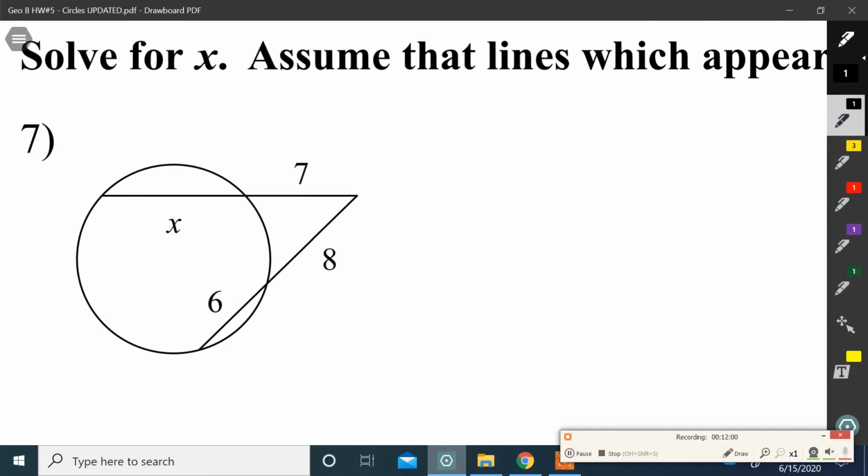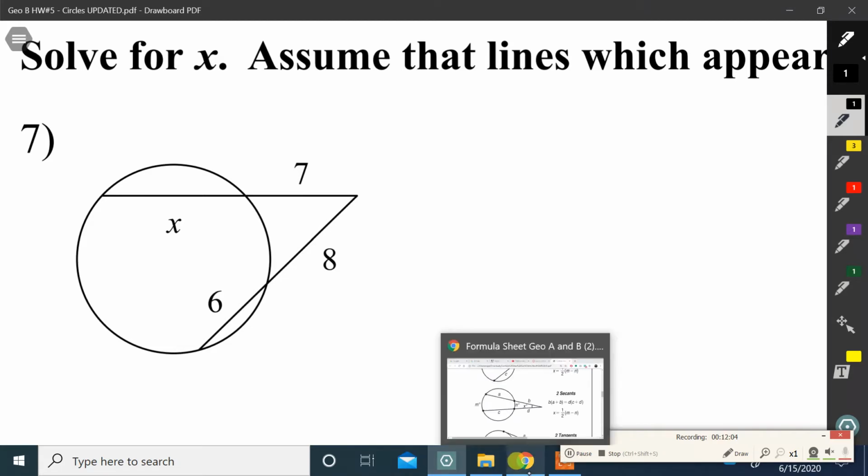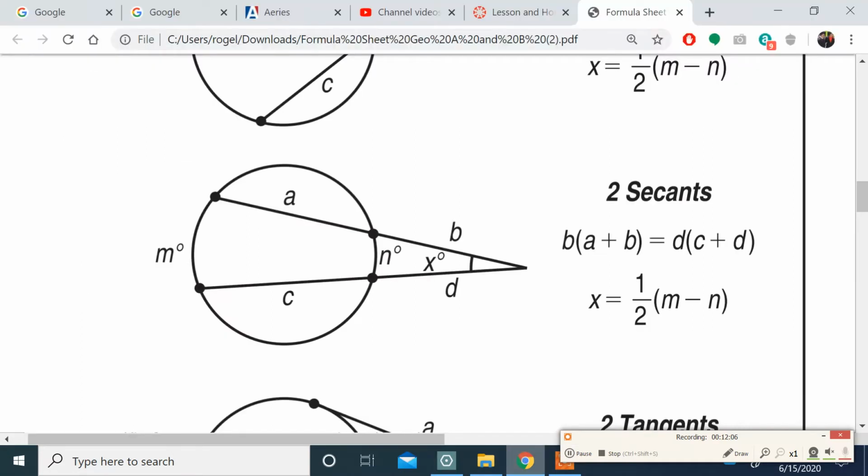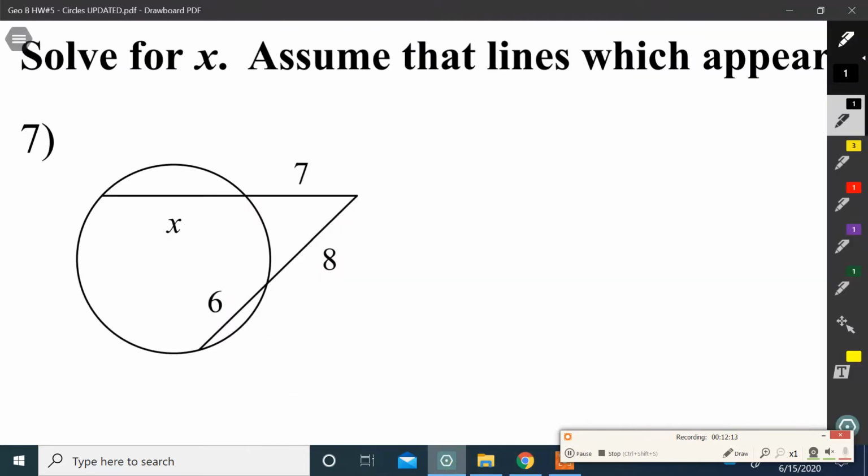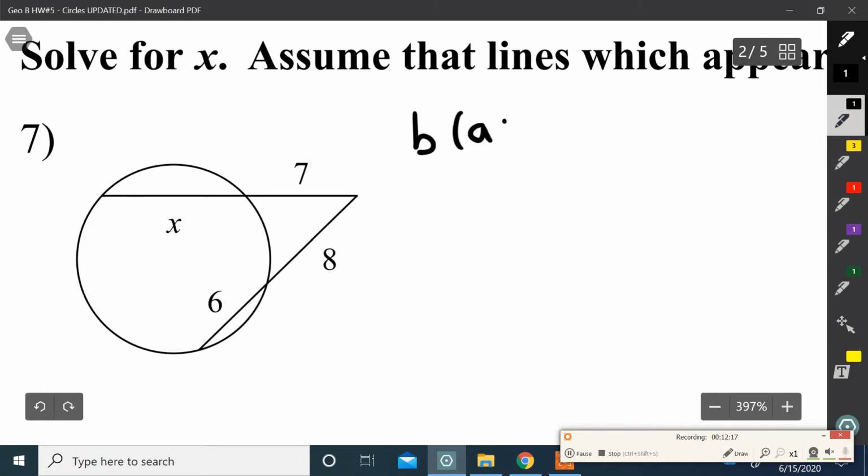And we have to identify what's the A, what's the B, what's the C, and what's the D. Okay, so here is my formula right there. I'm going to write it down here. So it's B times A plus B is equal to D times C plus D.